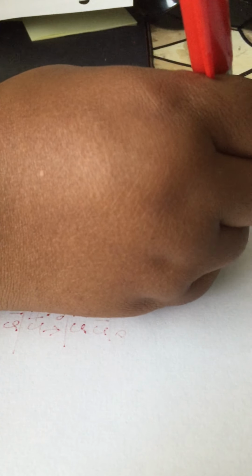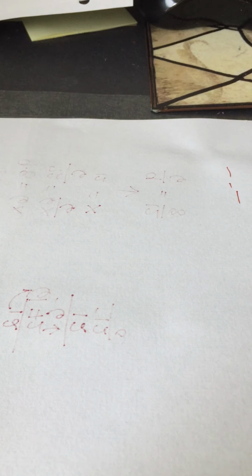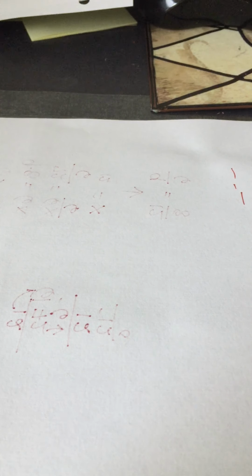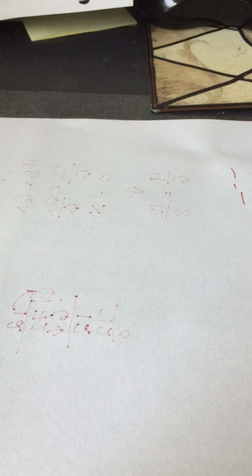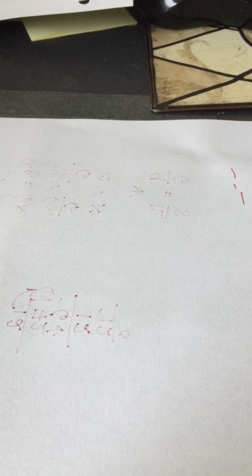So let's make these fractions equivalent, okay? So looking at 4 and the number 3, what number do I know is divisible by both 4 and 3?